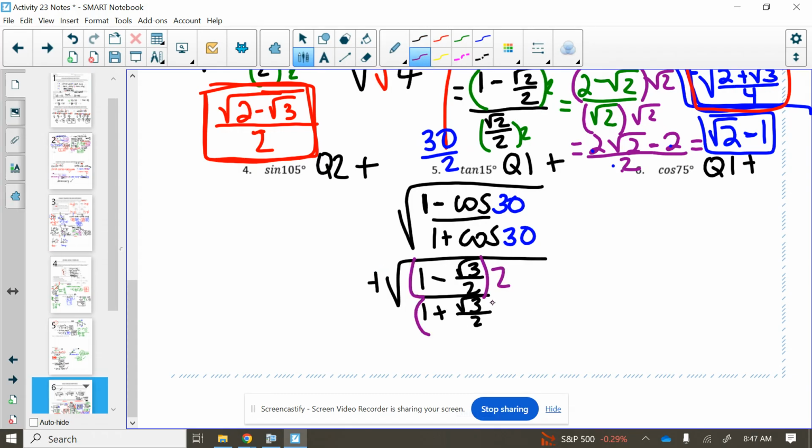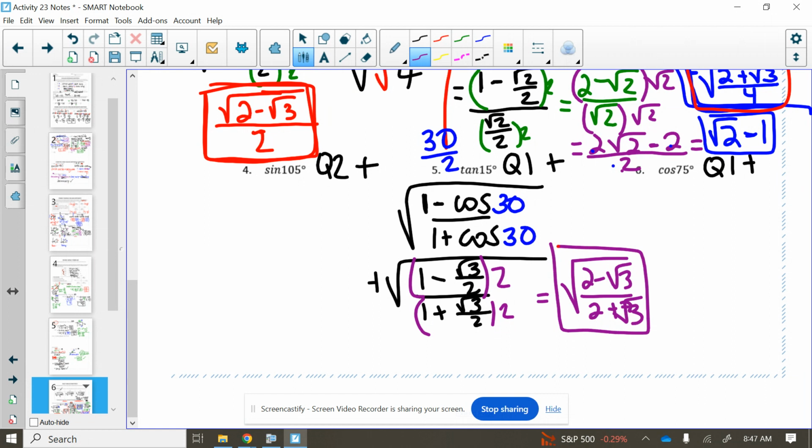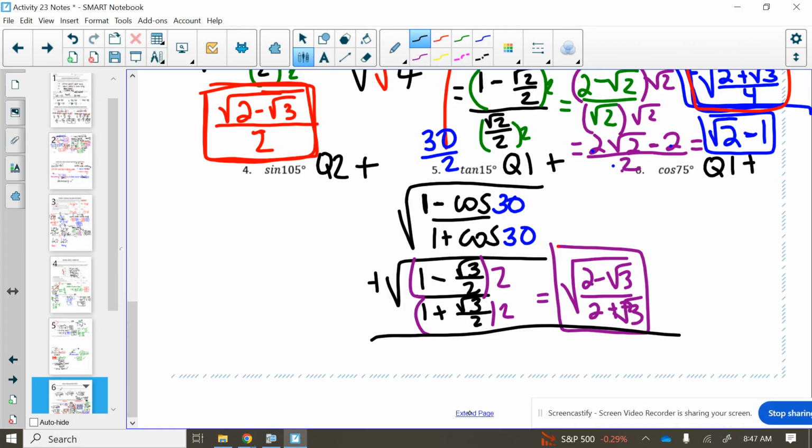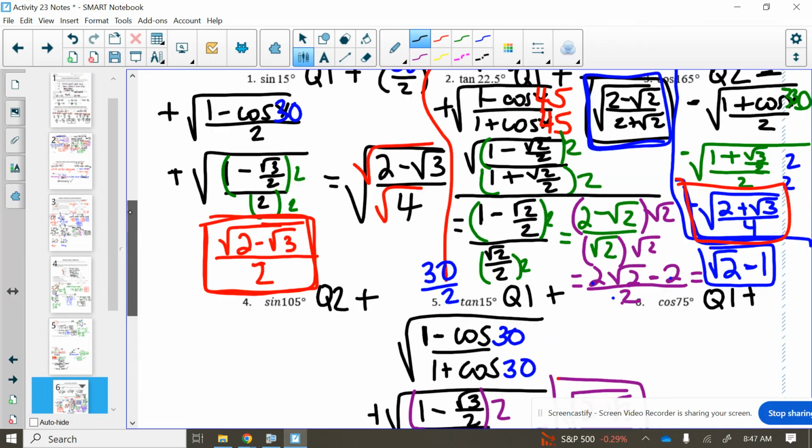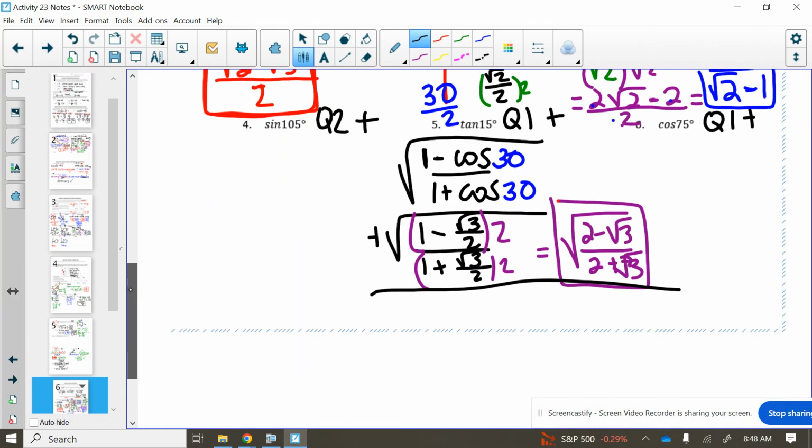Multiply everything by a 2, and we get square root of 2 minus root 3 over 2 plus root 3. Now again, sometimes you will see this as the stopping point, if that's one of your answer options. Sometimes, though, they want you to simplify so that it's not all these fractional things. And what I recommend using is this formula up here where you have 1 minus cos over sine.